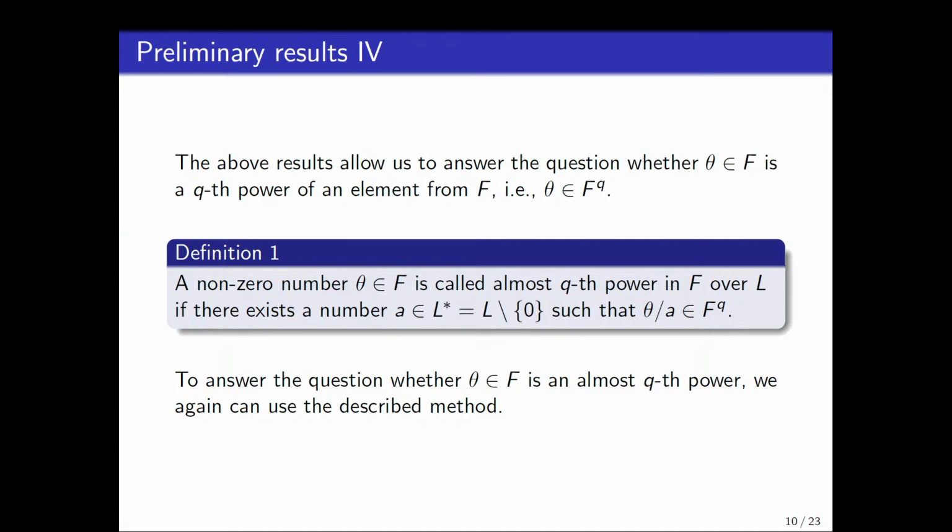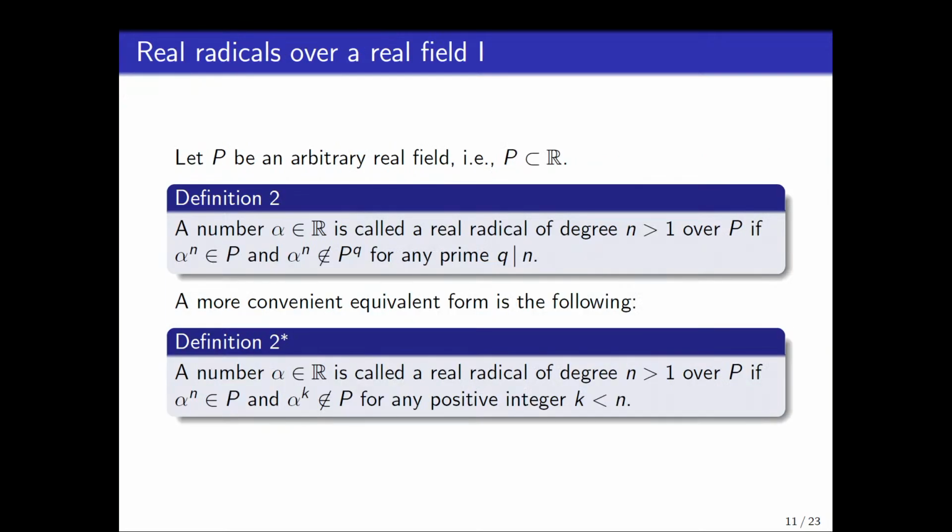And the first proposition, actually, when we apply f equals x to the Q, allows us to determine whether theta is an almost Q's power of some element. All right, so let's proceed.